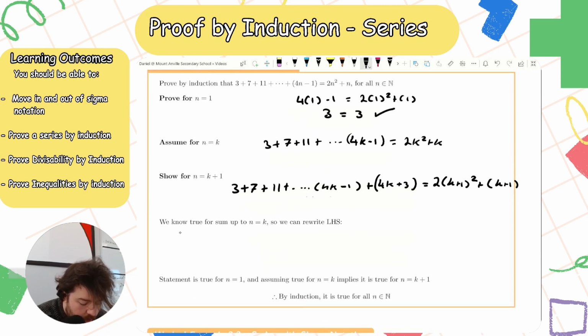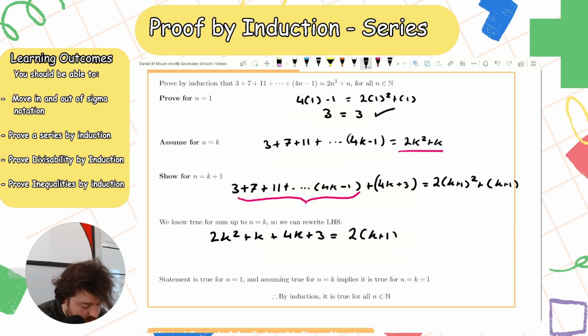So we know it's true for n equals k, so we can rewrite the left-hand side. Using my assumption, I am going to rewrite this as 2k squared plus k. I have here on my left-hand side 2k squared plus k plus 4k plus 3, which is 2k squared plus 5k plus 3. My right-hand side is 2 times k plus 1 squared plus k plus 1.